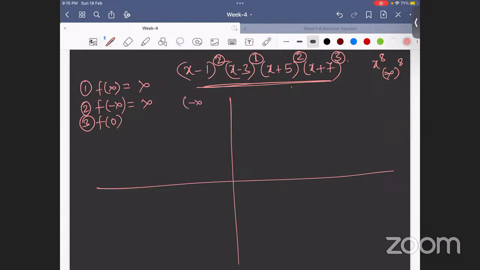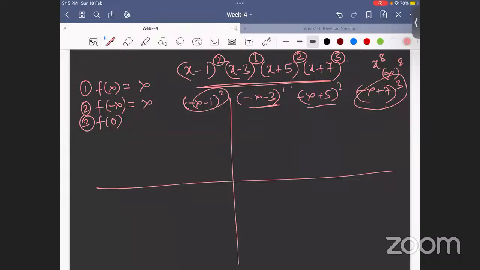Let's put in minus infinity: minus infinity minus 3 to the power 1 is negative, and minus infinity minus 1 squared is positive. Minus infinity plus 5 squared is positive. But minus infinity plus 7 cubed is negative, and a negative will make it positive. So it will be positive infinity. Okay.